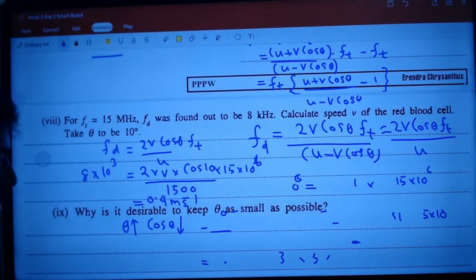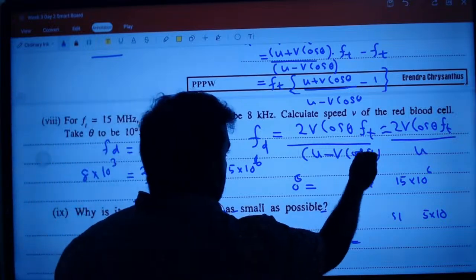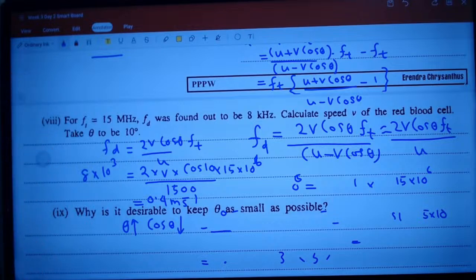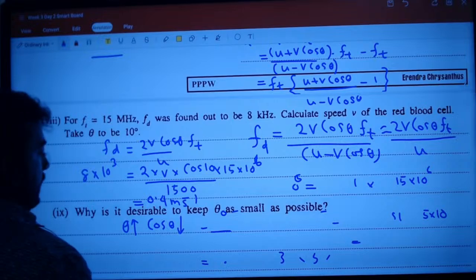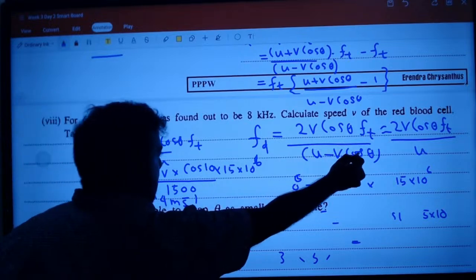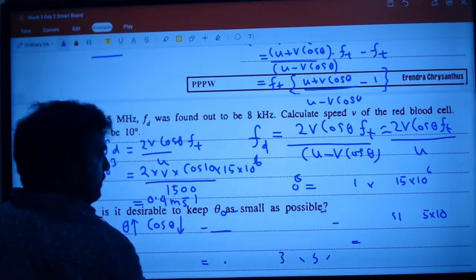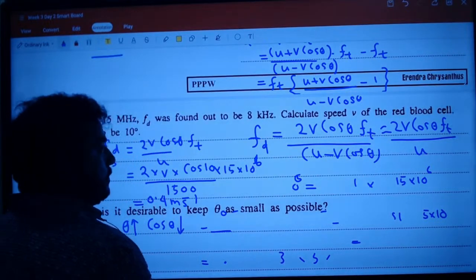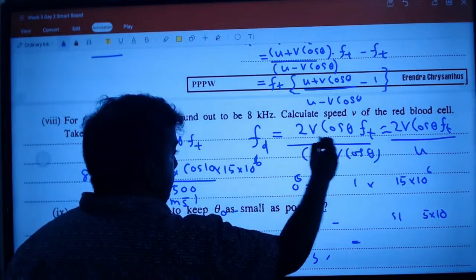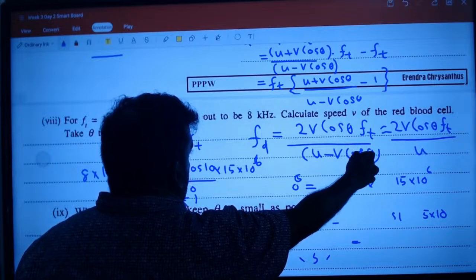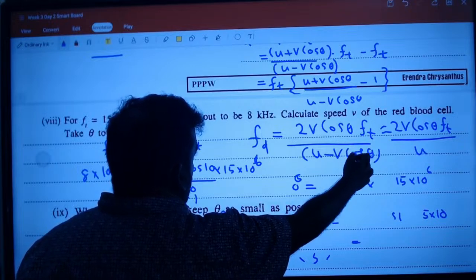If cos theta becomes small, the denominator will become large, no? When you multiply, it's going to be a small value here.